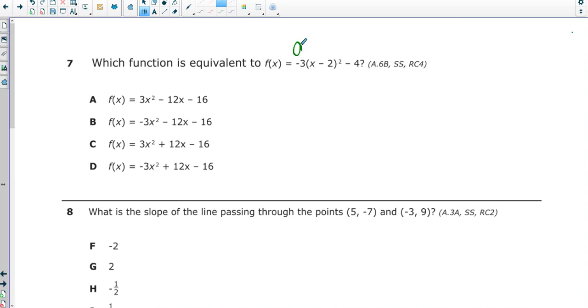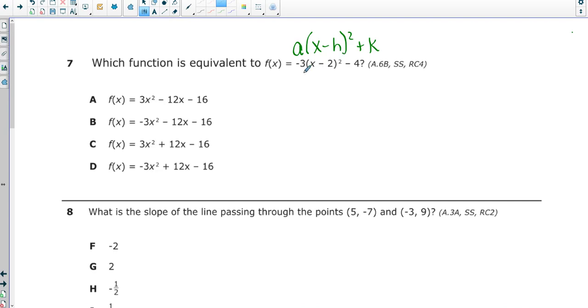Vertex form is a times (x minus h) to the second power plus k. See how it's written in vertex form? You could find the vertex and see which one of these parabolas matches that vertex, or you can rewrite this and change it from vertex form to standard form. So let's do that.